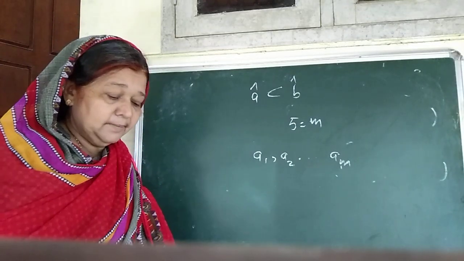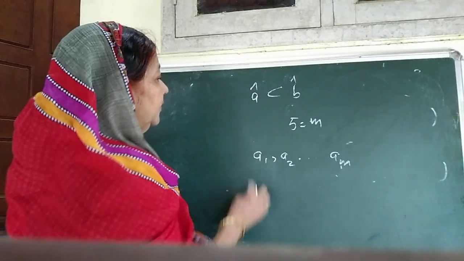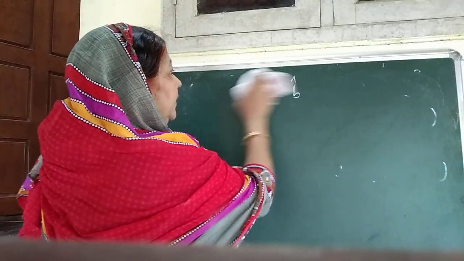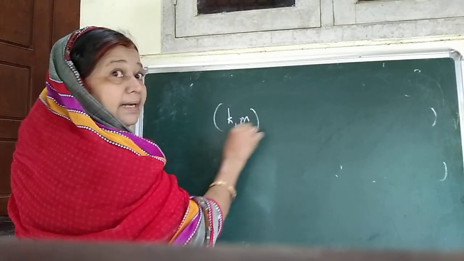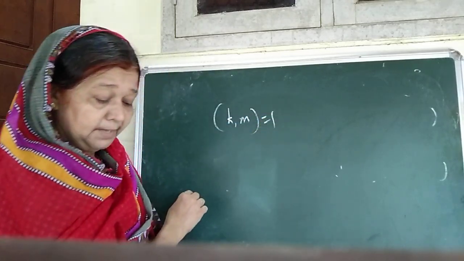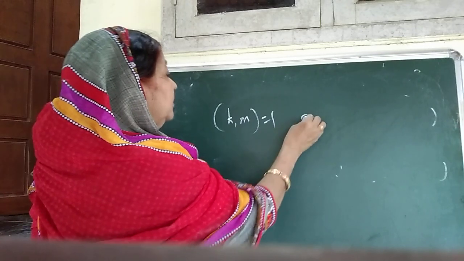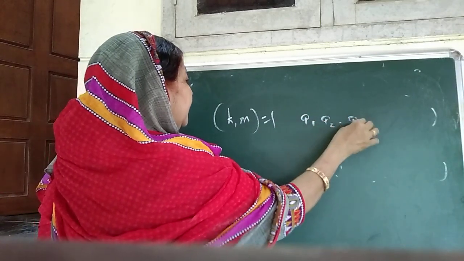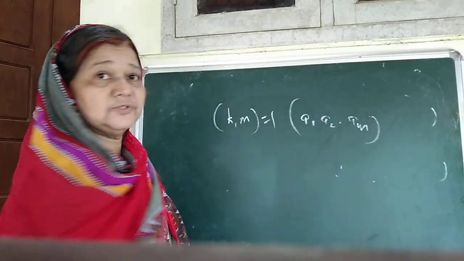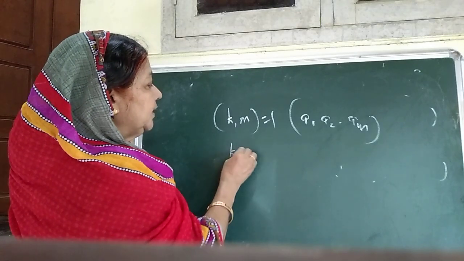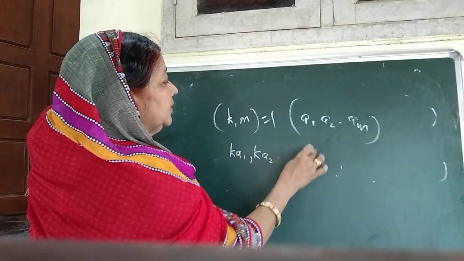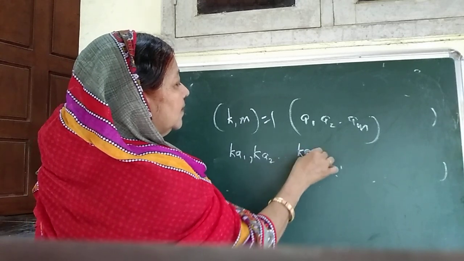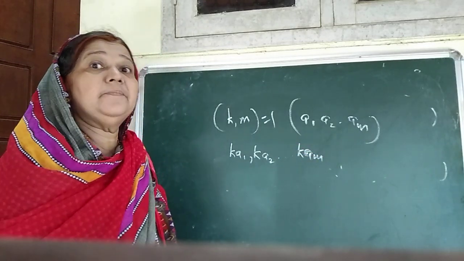Then we have a theorem: if the gcd of K and M equals 1, that is K and M are relatively prime, and A1, A2, etc. AM are a complete residue system, then K into A1, K into A2, etc. K into AM are also a complete residue system in some other order.